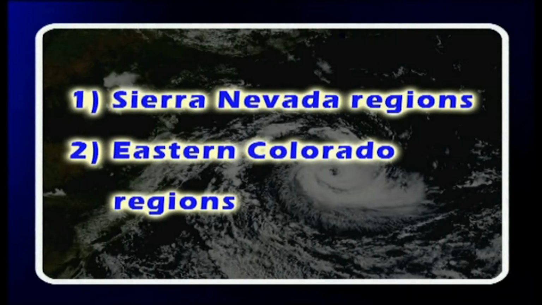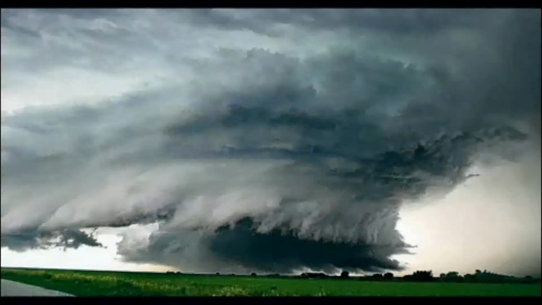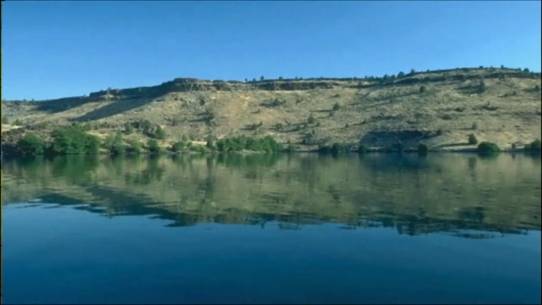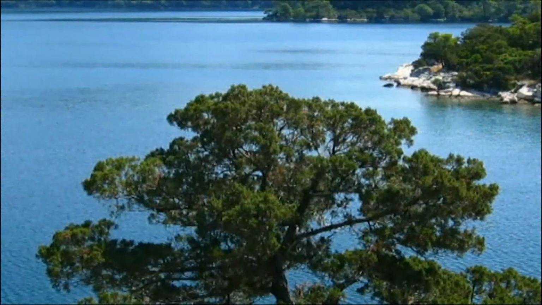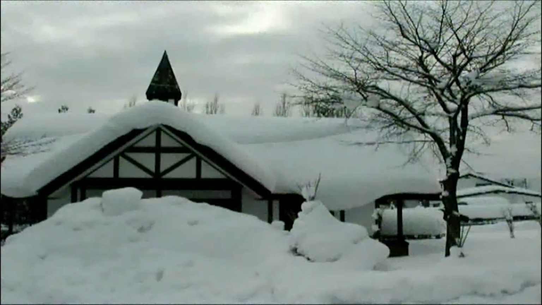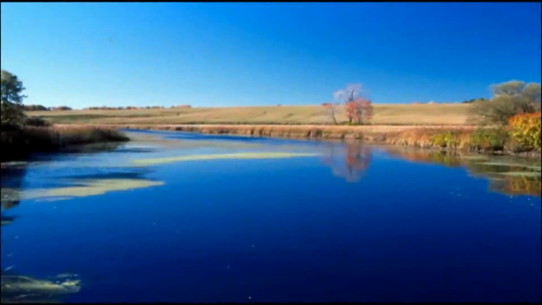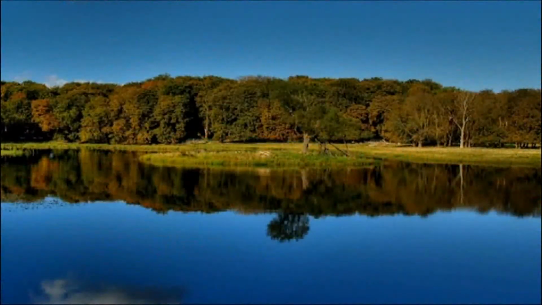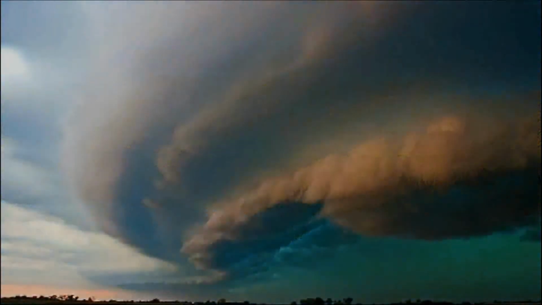There are two major regions in North America where the temperate cyclones originate: the Sierra Nevada regions and the eastern Colorado regions. These storms move towards the Great Lake regions and they produce heavy rain and snow. Great Lake regions are the breeding regions for a number of winter storms because of the steep temperature gradients.